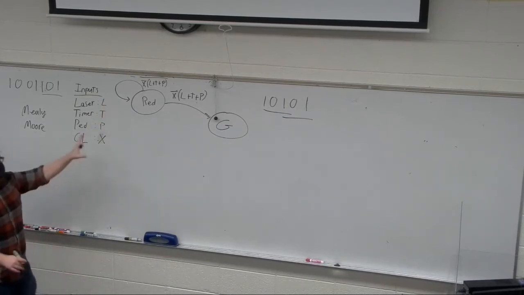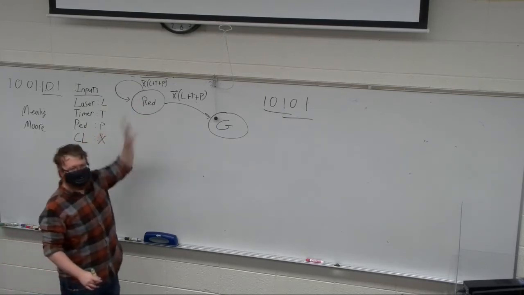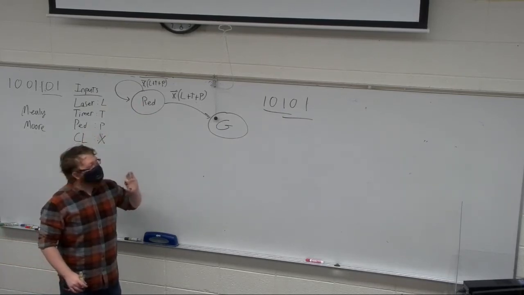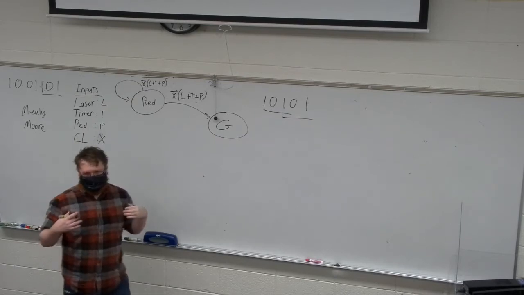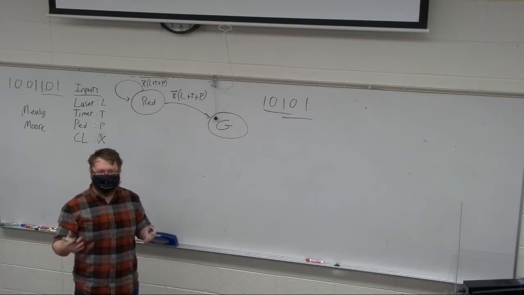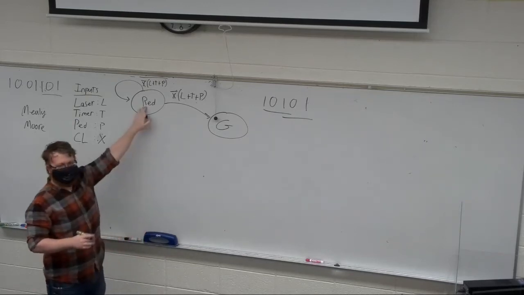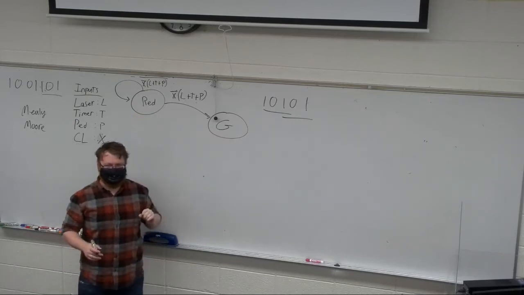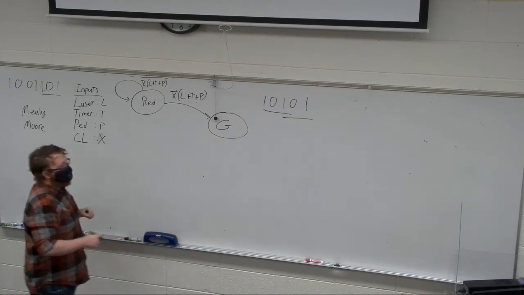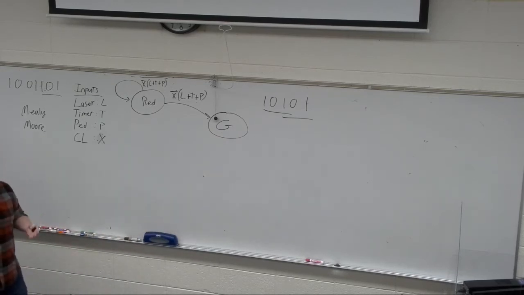Okay, so now we've got our first transition out of green, and we have multiple conditions. Now, I'm just going to leave this essentially as a more state machine, and just say that my output is whatever my state name is, right? But we may have to deal with other outputs because we need to let the other light know that we're green.